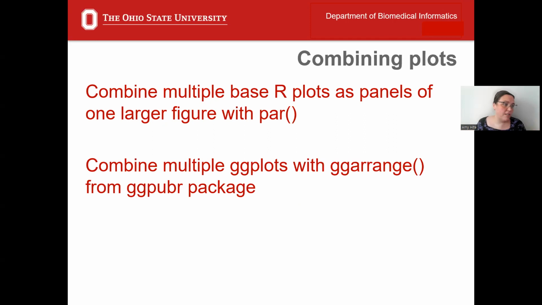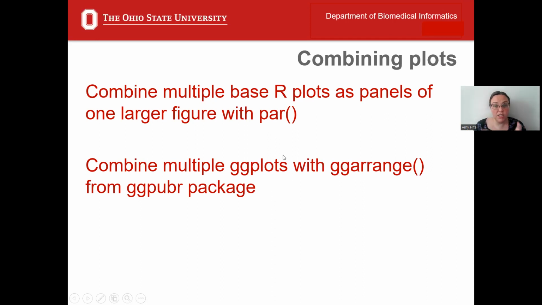Now, you've done some visualization on your data for your publication, maybe. You have a density plot, a box plot, and a bar plot. And you want to put all three of those into your figure 1. There are some ways of doing that in R. If you're just using base R, you can combine them into panels of one larger figure with the par function.